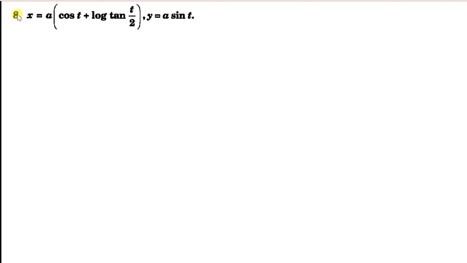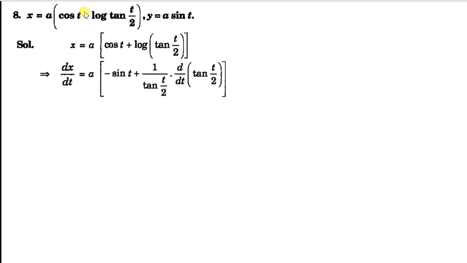Next one is x equal to a times cos t plus log tan t by 2. A is constant. Again we have to differentiate with respect to t. So dx by dt is equal to the differentiation of cos t, which is minus sin t, and the differentiation of log x is 1 by x. So first we use that. So we get 1 upon tan t by 2. And since it is not simply t, we have a function of t, we will use the chain rule here.